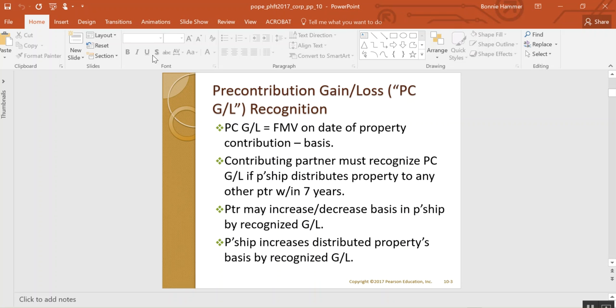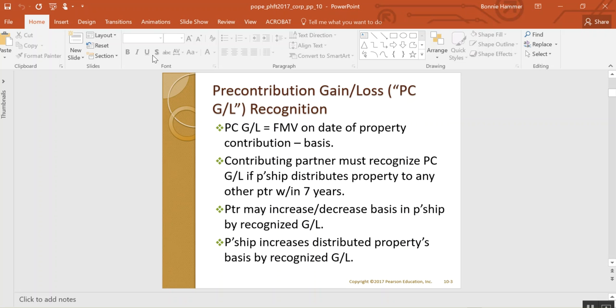He increases it if he's recognizing a gain, and he decreases his basis in the partnership interest if he's recognizing a pre-contribution loss. And likewise, the partnership increases or decreases the distributed property's basis by whatever the recognized gain or loss was by the contributing partner.